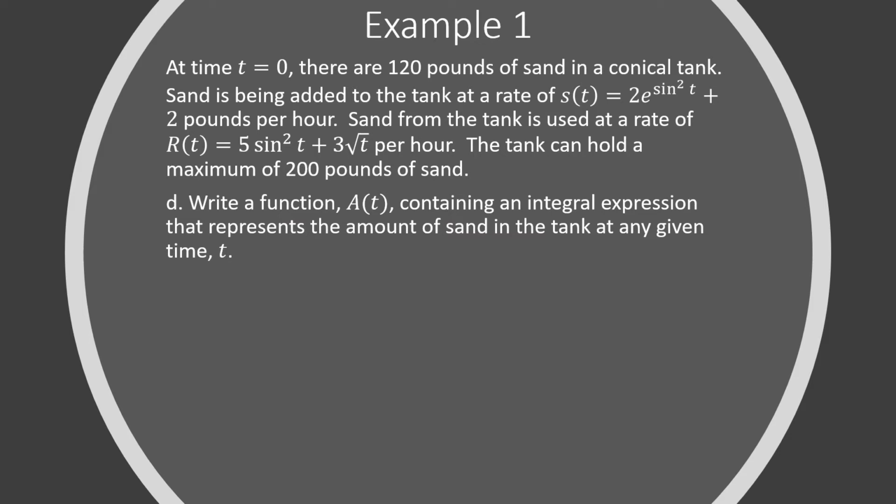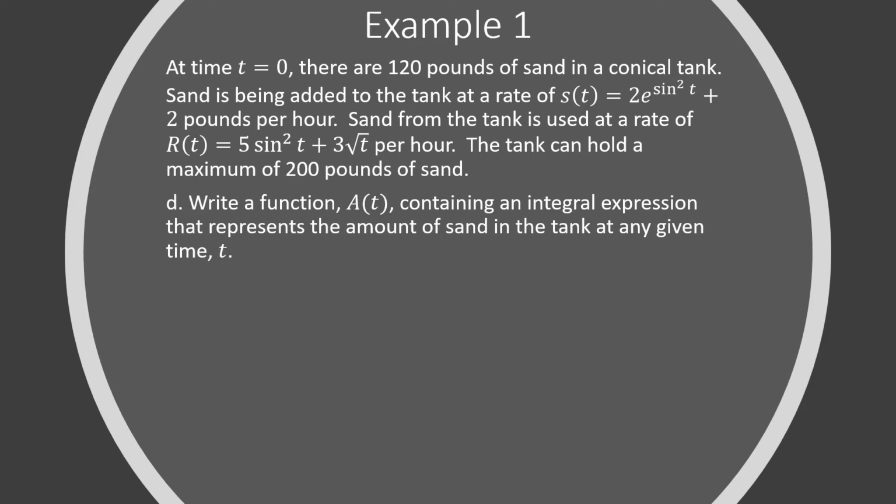All right, so part D says write a function A containing an integral expression that represents the amount of sand in the tank at any given time t. So what you need to understand is that S of t is measuring how much is being added, r of t is measuring how much is being subtracted, but in order to figure out how much sand is actually in the tank, you need to have a starting amount. At the very beginning of this problem, they told us that we started with 120 pounds of sand.